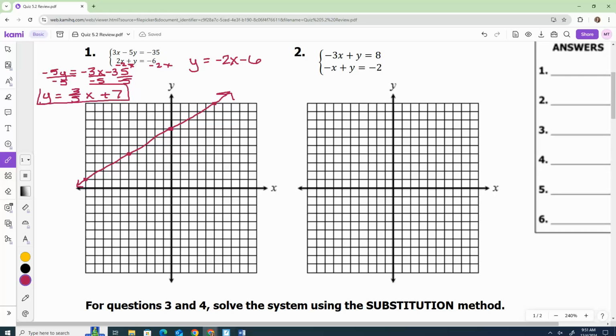So those are the 2 lines. To graph that line, we start at negative 6. Slope is negative 2. How do I graph that? Right, I think it was negative 2 over 1. So down 2, right 1. Or you could go up 2 and left 1. So draw that line.